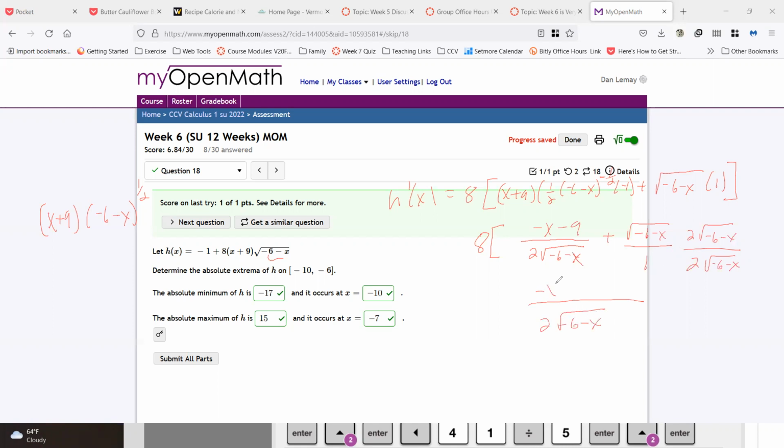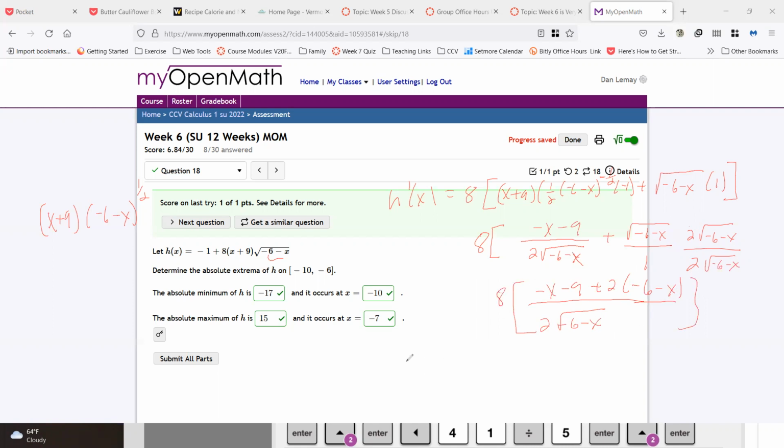And then I've got the -x minus 9. And then I've got 2 times, now the square root of that mess times the square root of that mess cancels out the square roots, so -6 minus x. And I've still got that 8 coming along for the ride. I don't want to lose that.